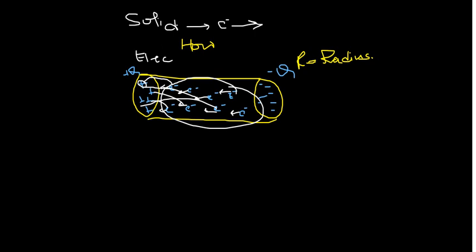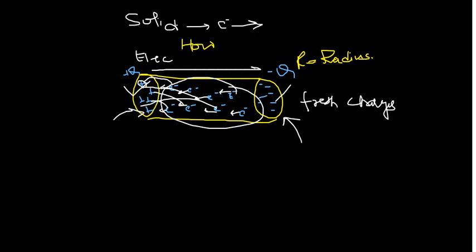We have to provide continuous fresh charges at the ends, and that will lead to a very interesting factor, because if I add fresh charges continuously, that maintains a continuous, steady electric field inside the conductor, and the motion of the electrons in the conductor will happen continuously, and we will get the current continuously and steadily also.